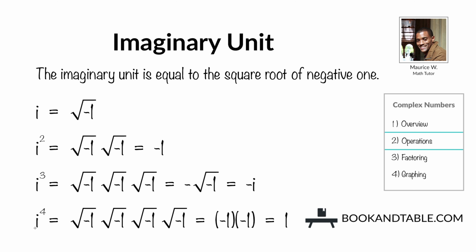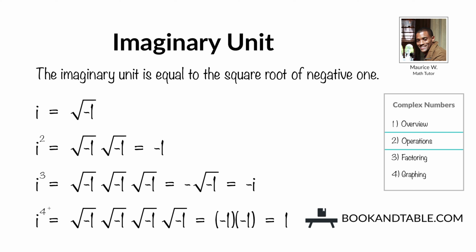And then I to the fourth is equal to the square root of negative 1 times the square root of negative 1, which is negative 1, times the square root of negative 1 times the square root of negative 1, which is negative 1. Negative 1 times negative 1 is positive 1.